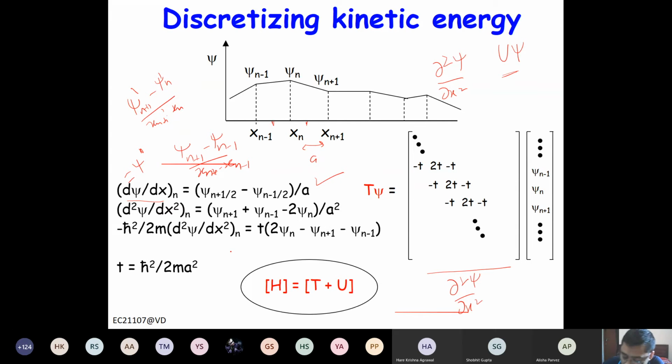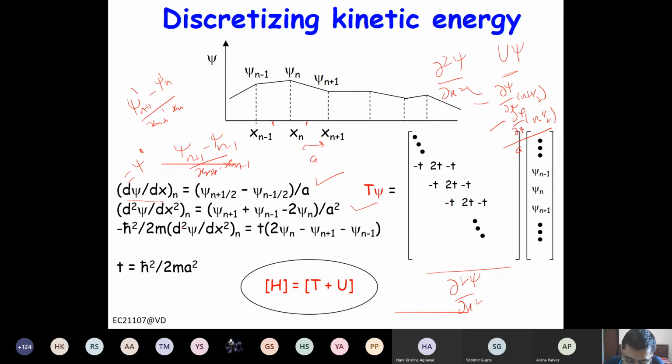So d2 psi by dx square will become d psi by dx at n plus half minus d psi by dx at n minus half, divided by a. Now d psi by dx at n plus half will be n plus 1 minus n, and at n minus half will be n minus 1, right? So you will get this expression, and then you multiply this by h bar square by 2m, right?